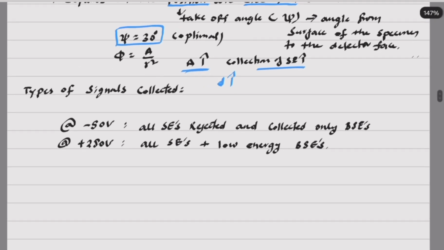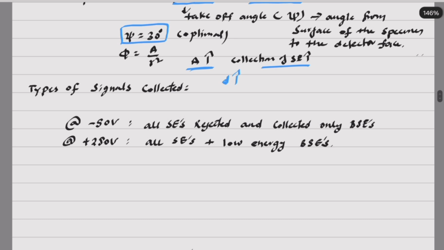Earlier we talked about how the ET detector is capable of detecting both secondary electrons and BSE electrons.